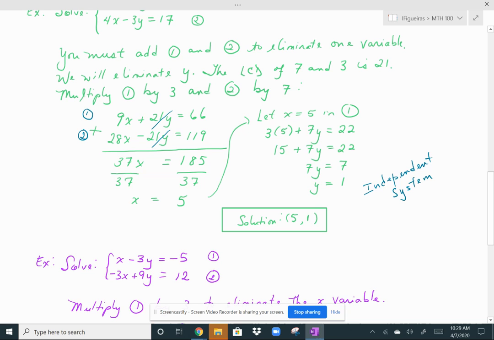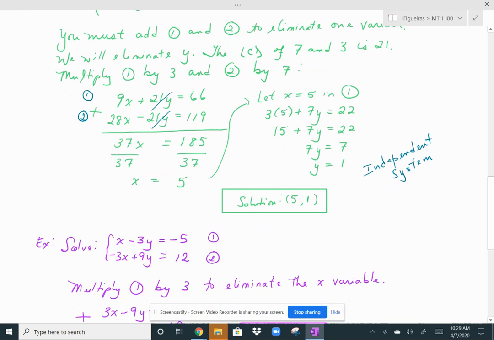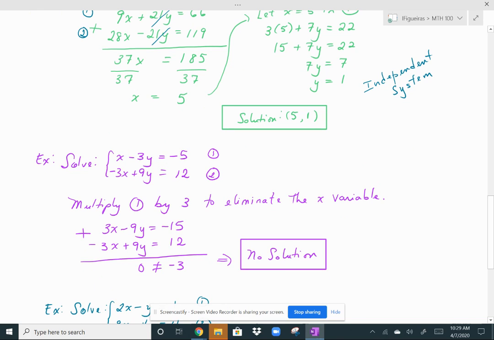Okay, let's move on to this one here in purple. So I want to solve x minus 3y equals negative 5. That's my equation 1. And I want my second equation to be negative 3x plus 9y equals 12. All right, so again, we have to strategize here and determine which variable we want to eliminate.